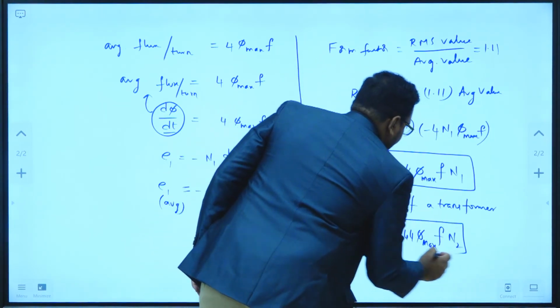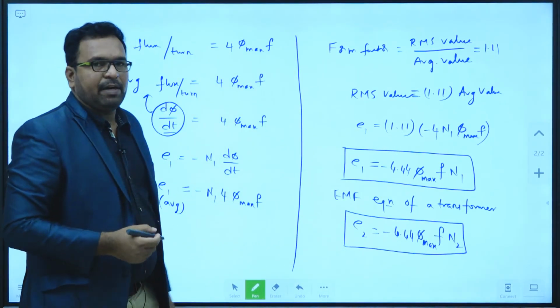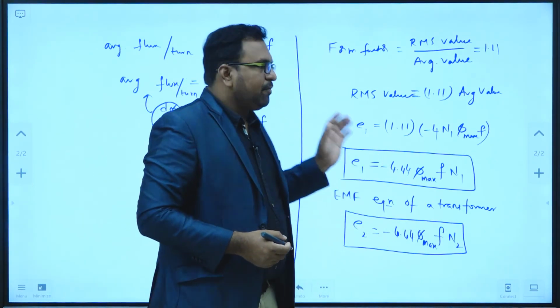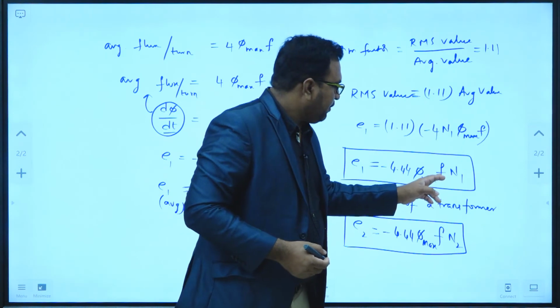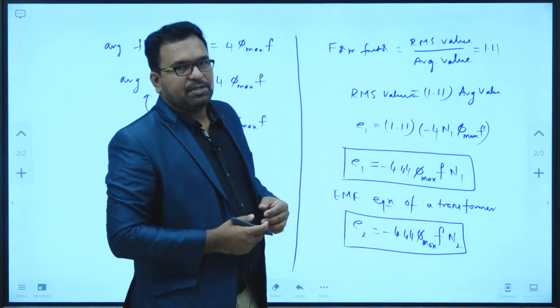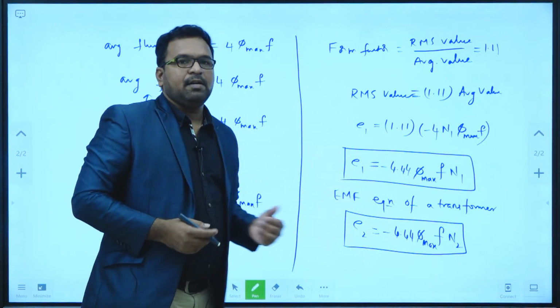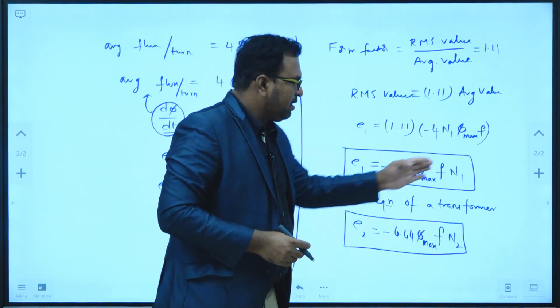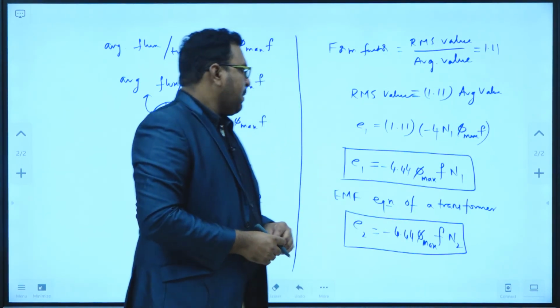This is the EMF equation of a secondary winding. The only change is the number of turns. When you transfer energy from one winding to another, the frequency is not going to change. If the frequency doesn't change, the flux also doesn't change, and the maximum value of the flux also doesn't change. So the difference between E1 and E2 is the number of turns only.